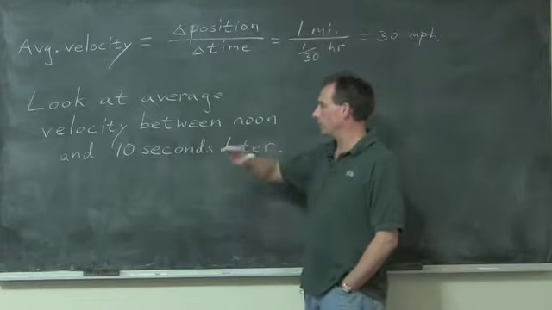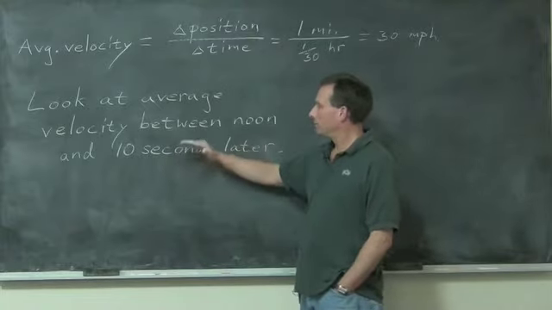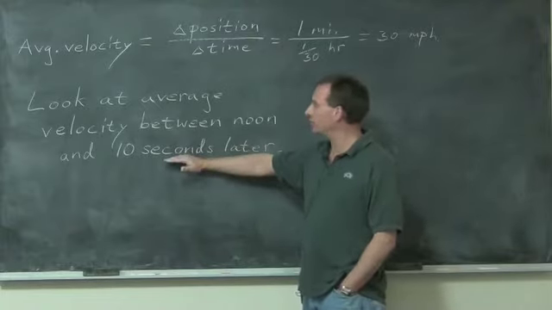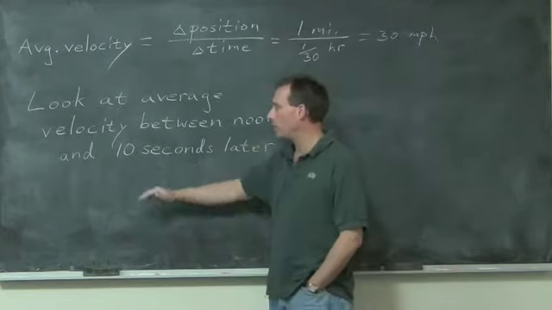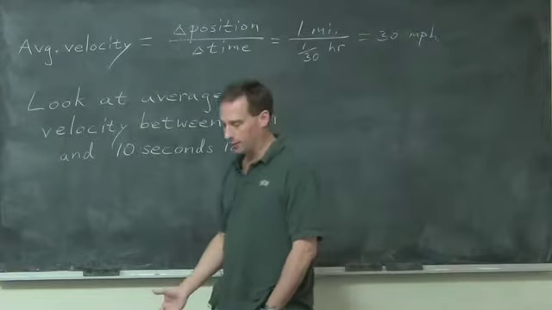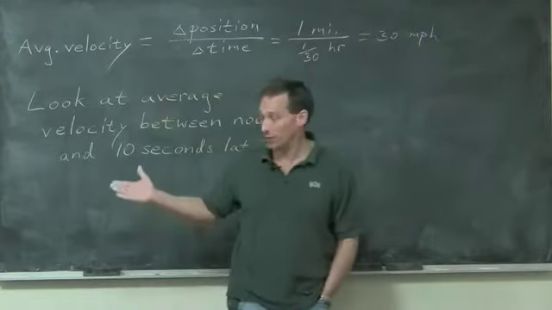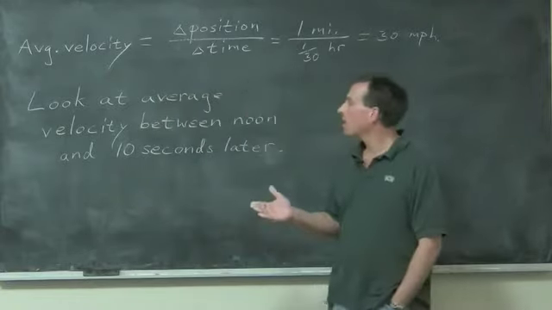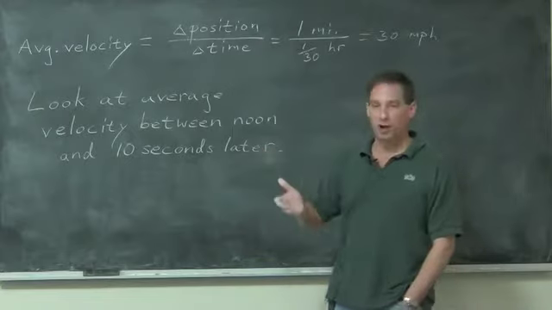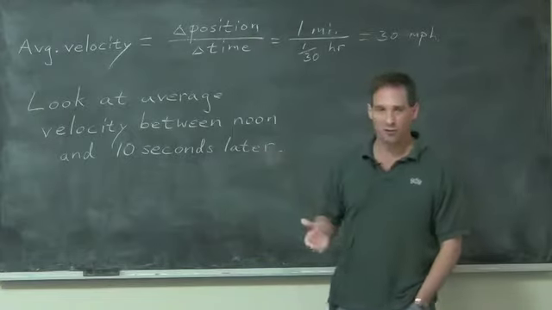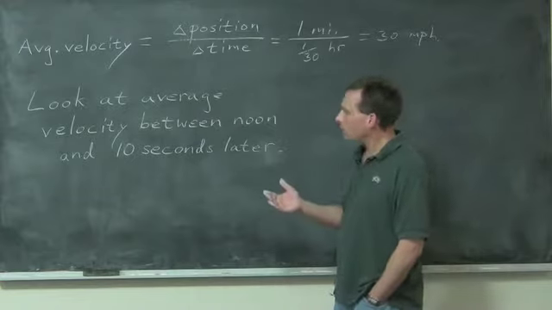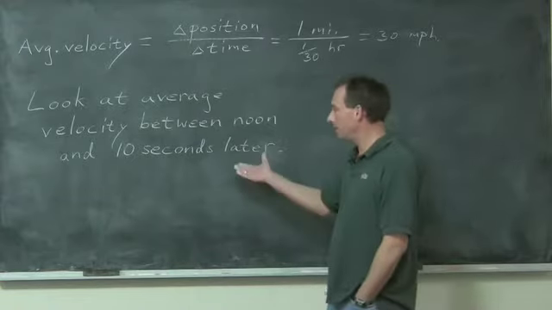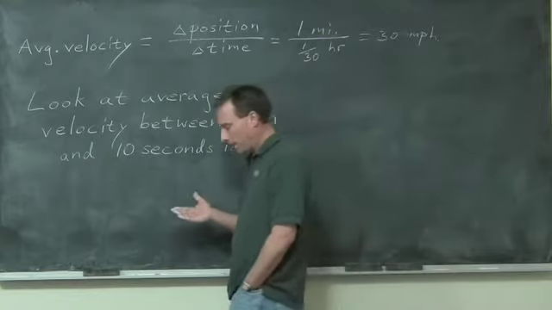So we take the position of the car at noon plus 10 seconds, and we subtract the position of the car at noon, and we divide by the 10 seconds, converting it to hours if we want miles per hour. Maybe that would give us a good approximation to what the driver of the car sees on her speedometer. Well, yeah, maybe, but maybe not. 10 seconds is a long time.